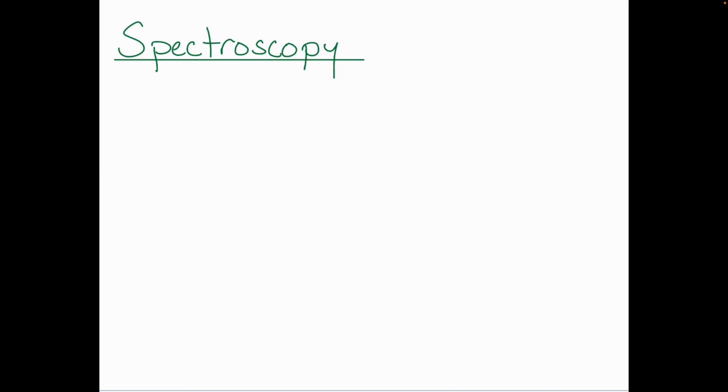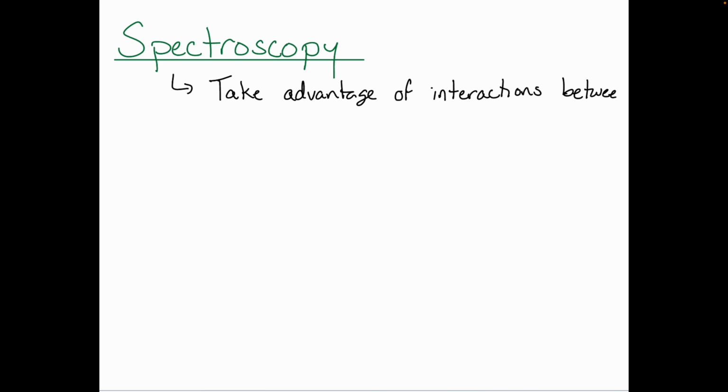All right, so what all spectroscopies are doing is they take advantage of the interactions between atoms and photons. What do I mean by photons? Yeah, the particles that light is made out of, all right?